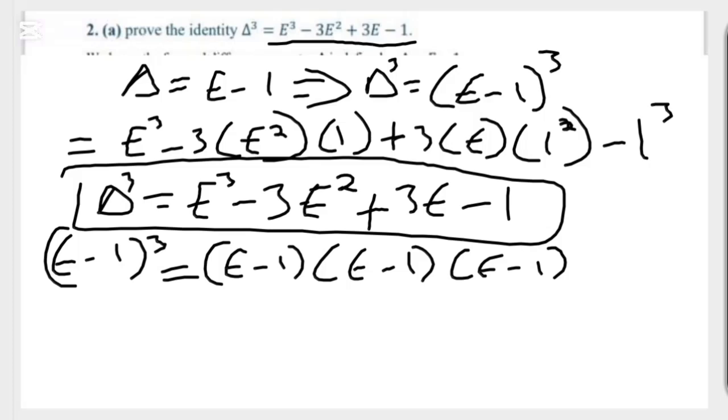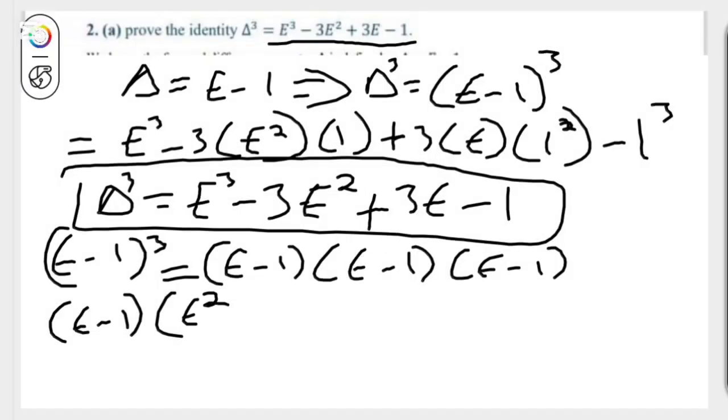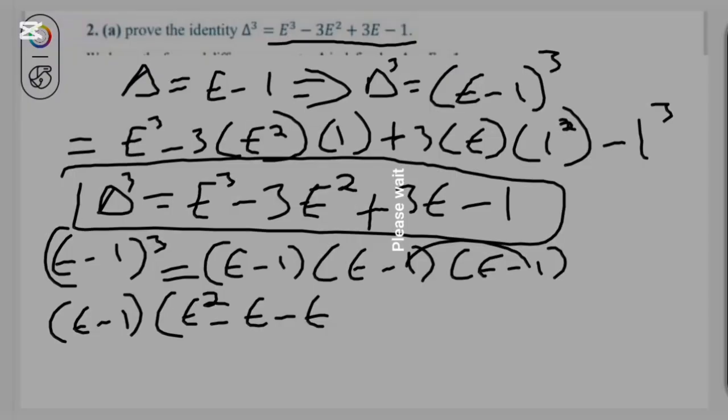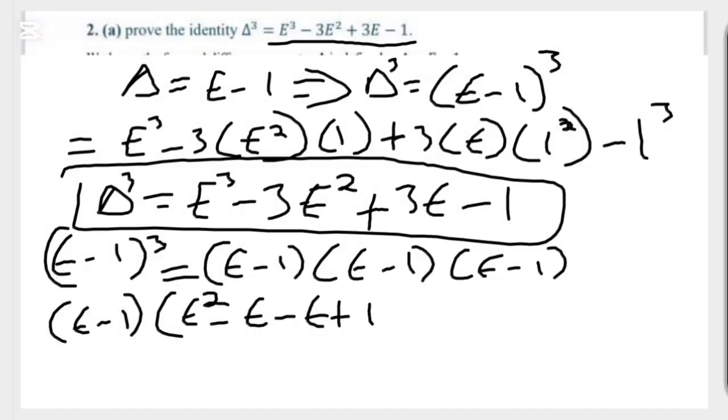The first thing that I'm going to do is keep this (E minus 1) first, and this multiplied by this, I'll get E squared. This multiplied by this, I'll get negative E. And 1 multiplied by this, I'll get negative E. 1 multiplied by this, I'll get positive 1.